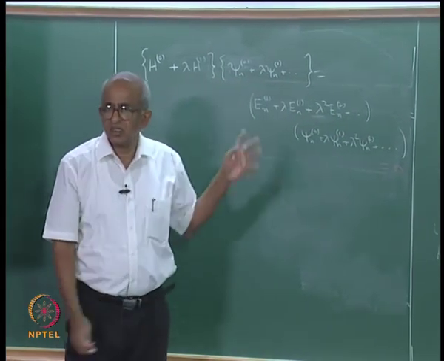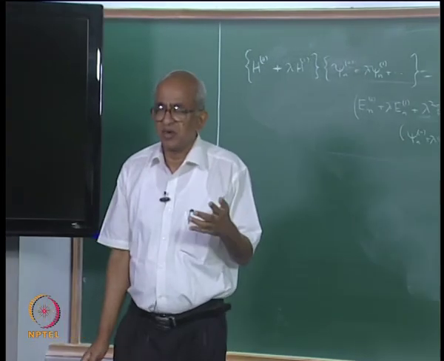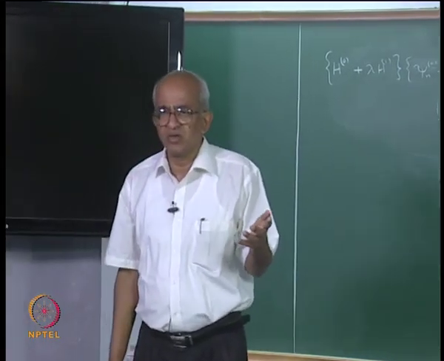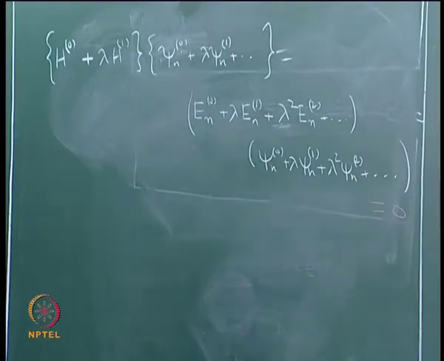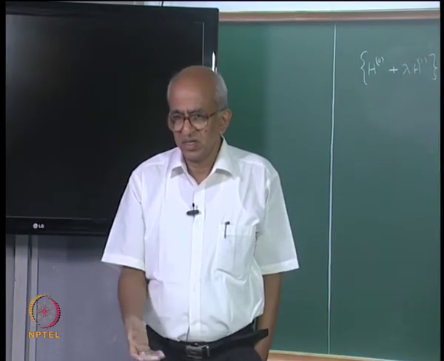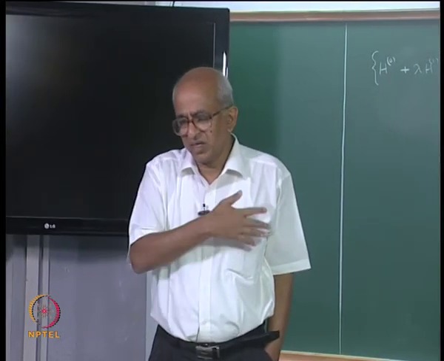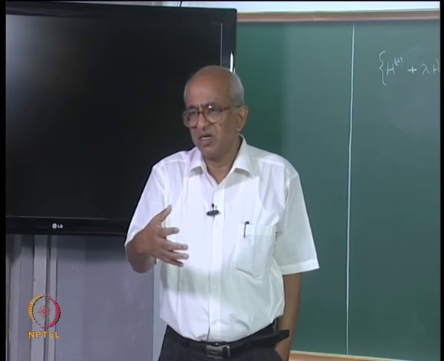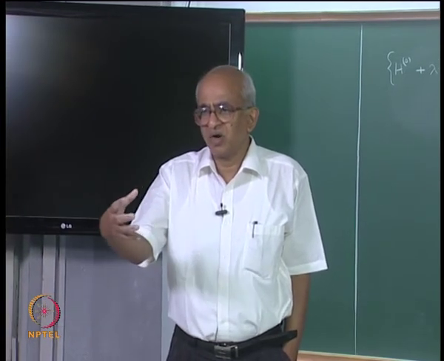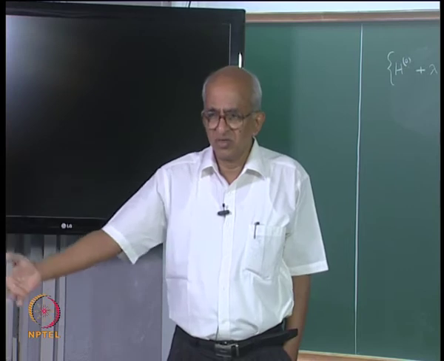So, if you look at this, it is a power series in lambda, and the power series has to be identically equal to 0 for all values of lambda, starting from 0 to some value. And if that is to happen, what is the condition? We already know what the condition is. You can think of it as a power series in lambda. The coefficient of each power of lambda should be equal to 0.